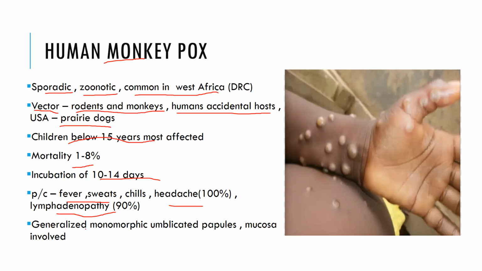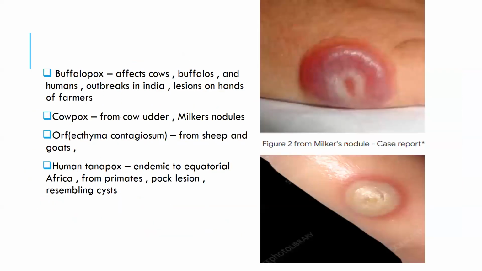Then someone will get generalized monomorphic umbilicated papules with involvement of the mucosa. So this is how the lesions will look like, as you can see in this picture, just like all the other pox viruses.